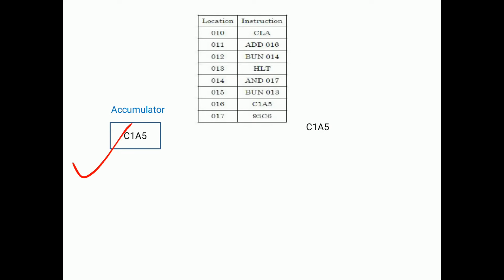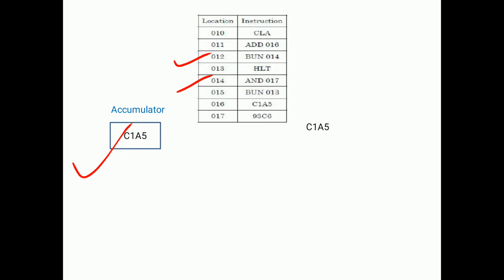Now the next location is 012, and the instruction at location 012 is BUN 014. BUN means branch to location 014. So we have to branch to location 014. At location 014 we have the instruction AND 017.